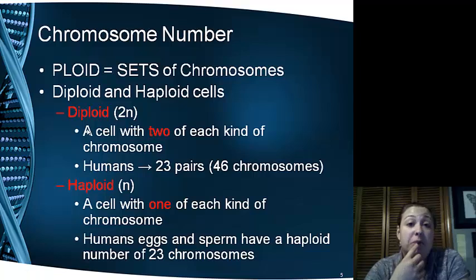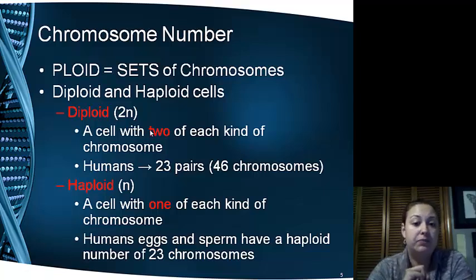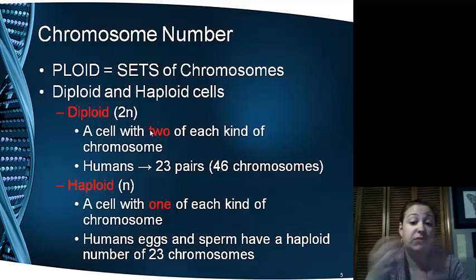They can be different, but they encode for the same thing. Talking about chromosome number, we also talk in ploid, or in sets of chromosomes. Diploid, which is given as 2N, is when a cell has 2 of each kind of chromosome. So in humans, we have 23 pairs, or 46 chromosomes. So we are known as diploid.